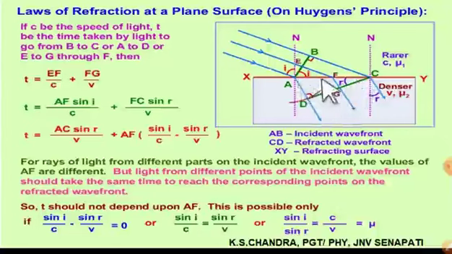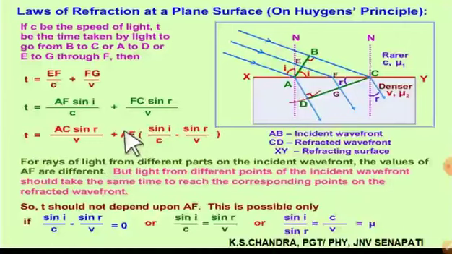If it is independent of AF, that means within this bracket it must be 0. Only when the bracket is 0 is your time independent of AF.